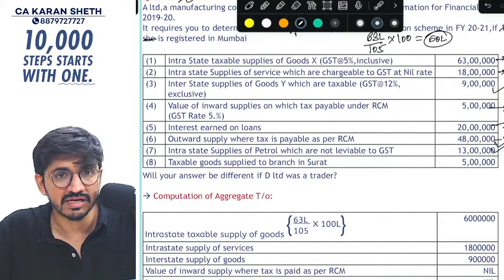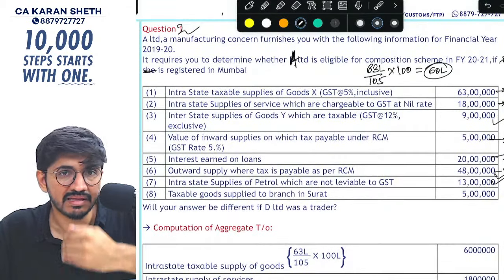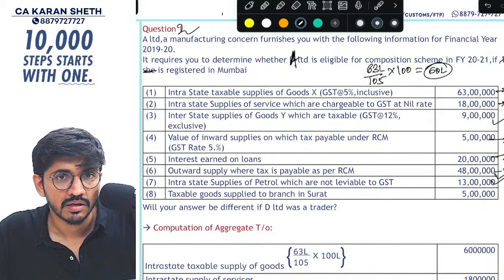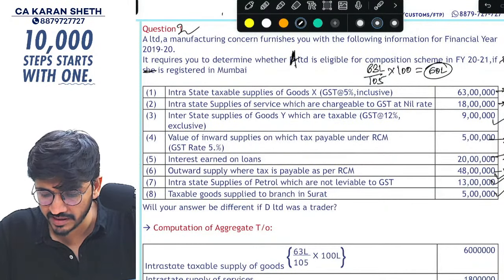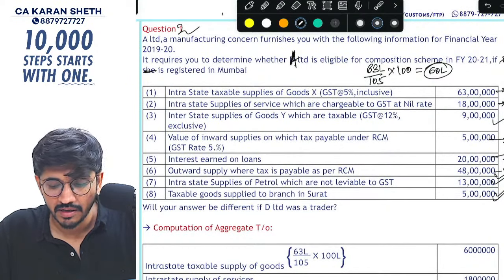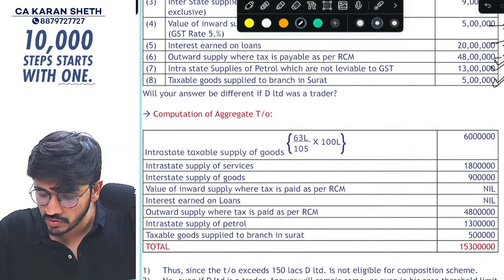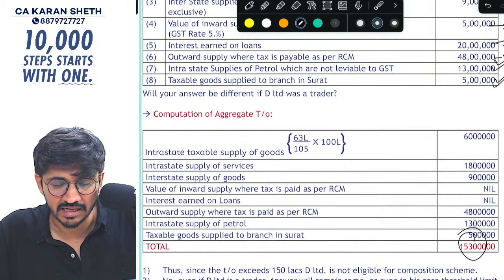So this is basically a supply that you are doing to a distinct person, which is also a supply. Definitely won't be an issue. So you add all of that, and that amount comes down to 1 crore 53 lakhs, which is more than 1 crore 50 lakhs, and hence you will not be able to take the compo scheme.